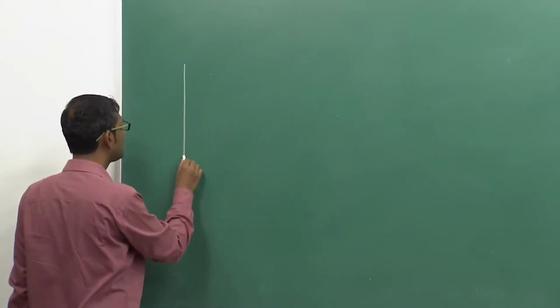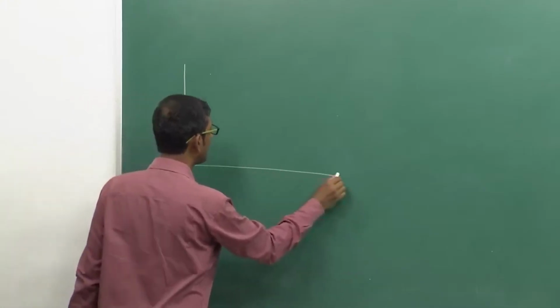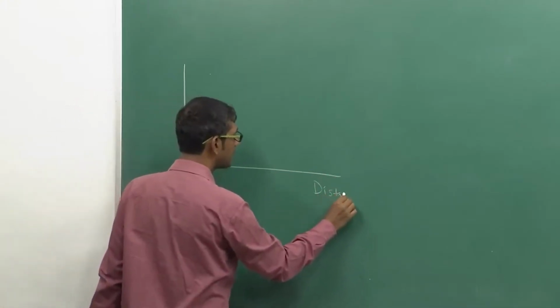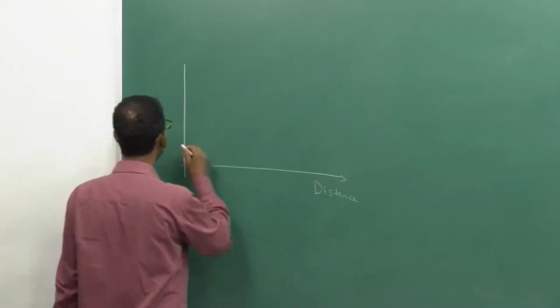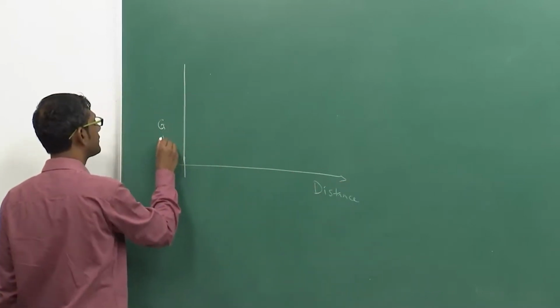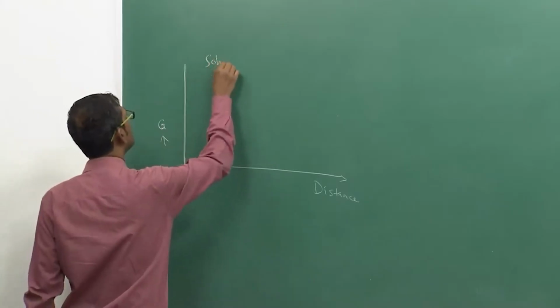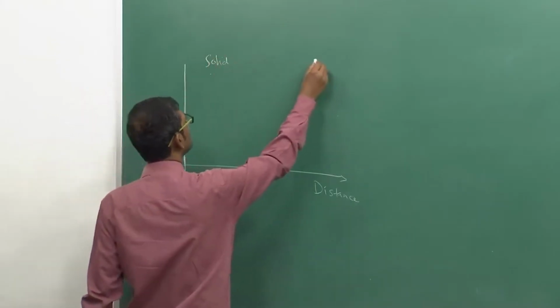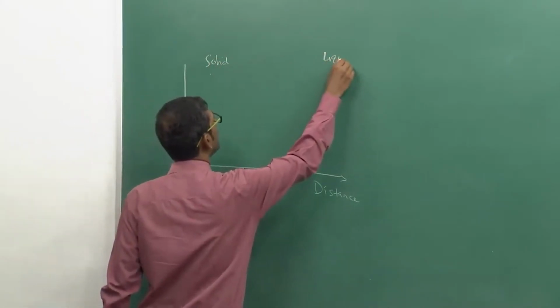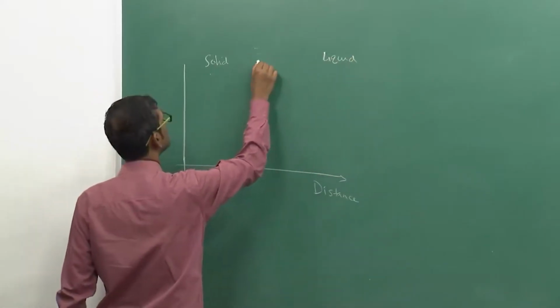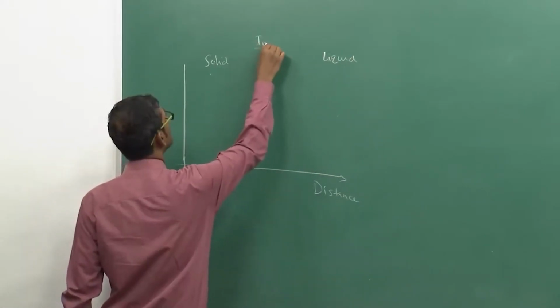Simply consider a situation where this is the distance axis and this is free energy G. Suppose this is my solid, this is my liquid, and this is the interface.